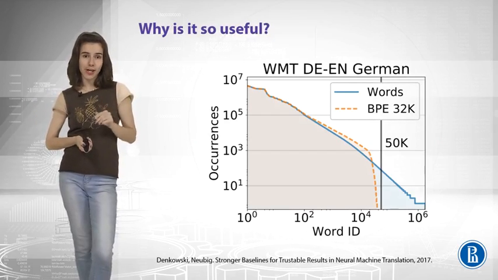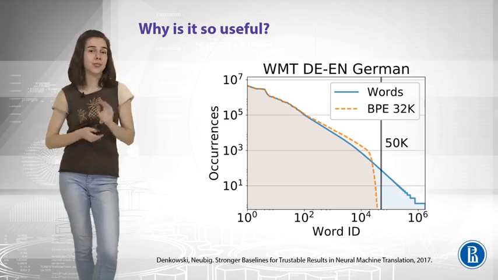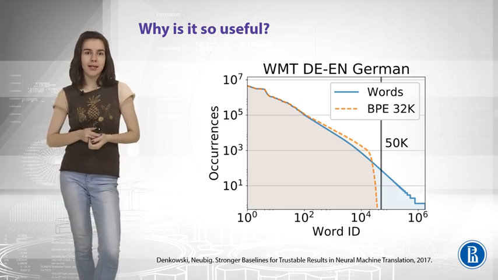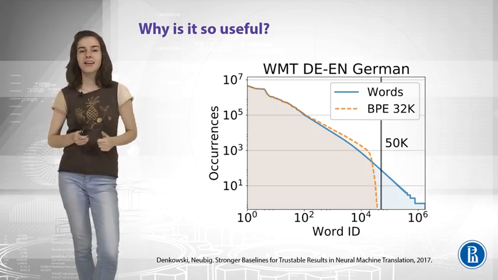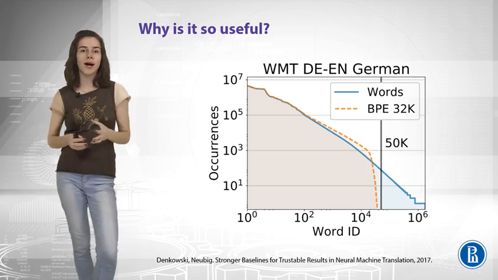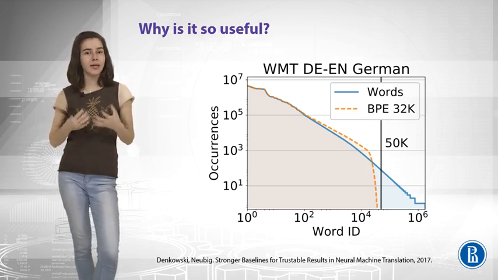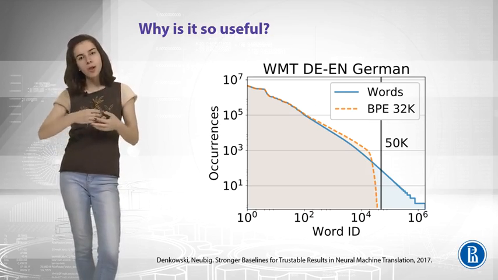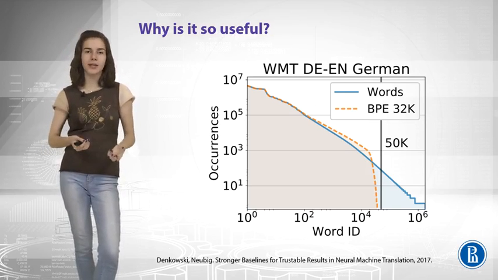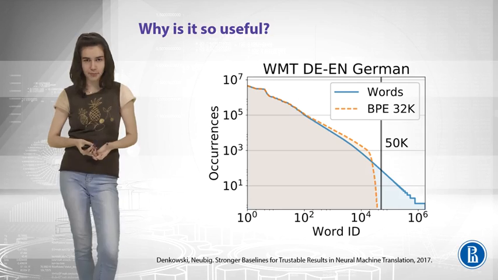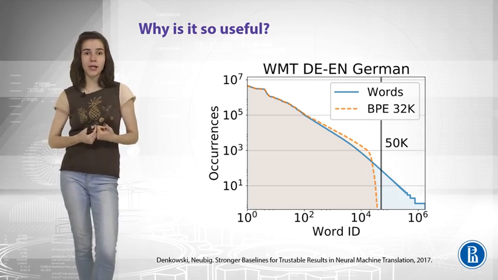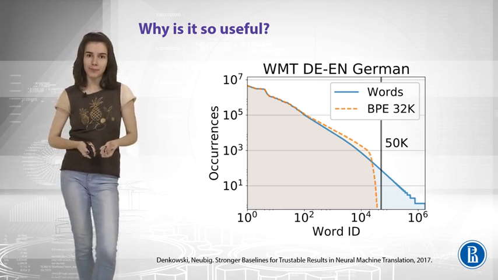Awesome! So this chart shows you why it is such a cool technique. This is the vocabulary size, and this vertical line is about the size of the vocabulary that we are allowed. And in the case of words, usually you have some long tail that goes outside of this allowed amount of words. But with byte pair encoding, you can get exactly this number of units, because you decide what rules to apply.